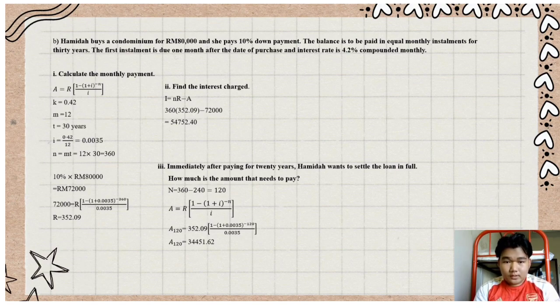A120 equals 352.09 in bracket 1 minus (1 plus 0.0035) to the power of minus 120, per 0.0035. A120 equals 34,451.62.